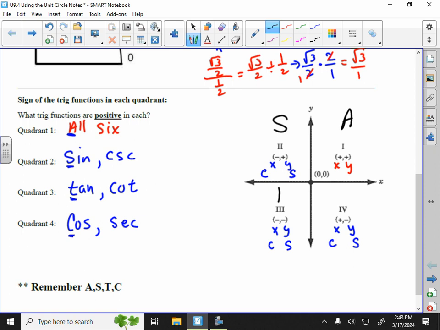Tangent and its reciprocal, the cotangent, is positive in quadrant 3. And cosine and its reciprocal are positive in quadrant 4. And so we can memorize "all students take calculus," ASTC, to help us remember which trig functions are positive in the different quadrants.